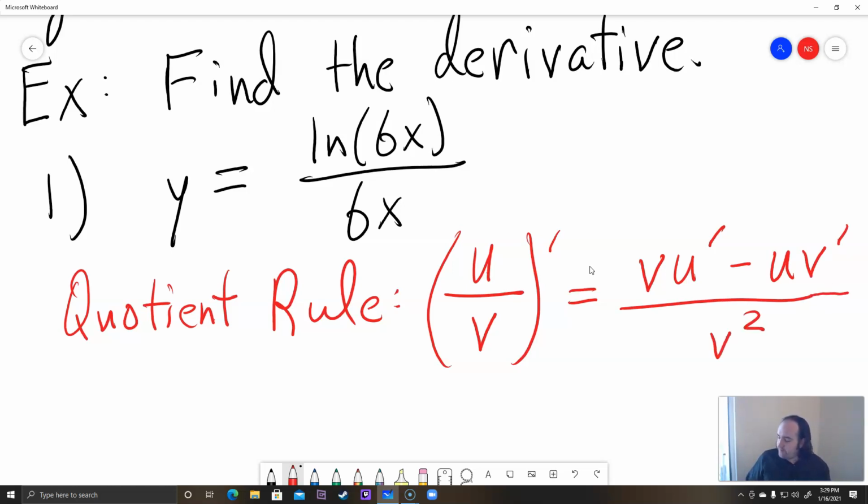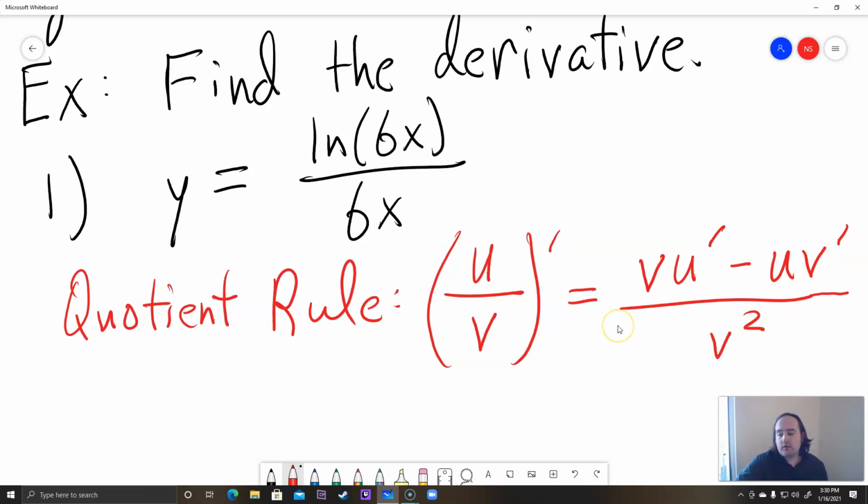Again, where u's on the top and v's on the bottom. Some people like to think of the top as the high and the bottom as the low, and so they think low d high minus high d low all over low squared. That's another way of remembering it.